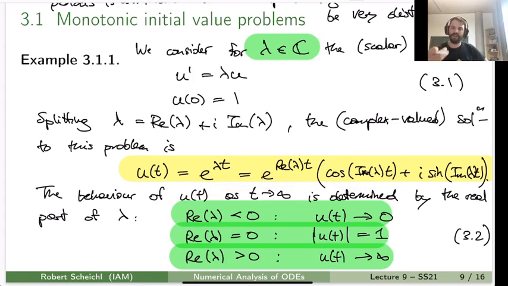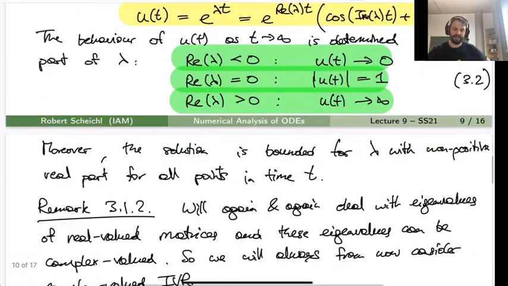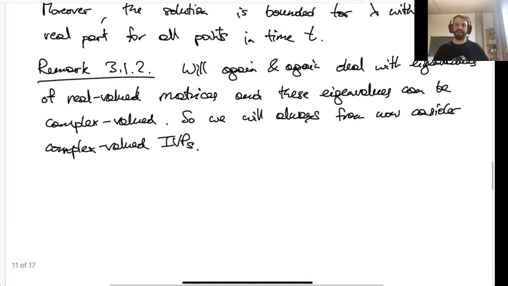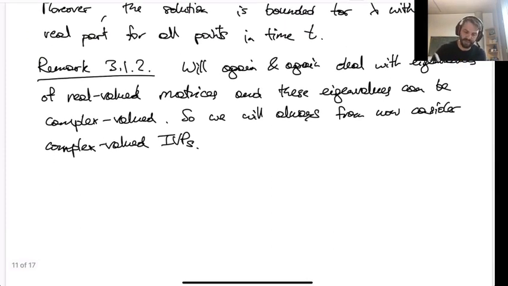Or even in a nonlinear setting, the eigenvalues of the Jacobian matrix at a point will control in which regime it falls. And since these can be complex valued, we simply work with complex IVPs from now on in this chapter.